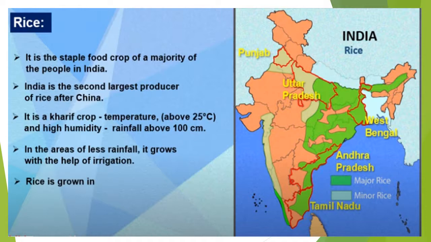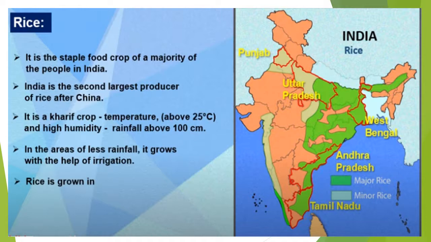It means you should know that rice grows well in the areas which receive a large amount of rainfall. So in areas where they receive less rainfall, the farmers also grow this rice with the help of irrigation. For example, in Punjab, Haryana, Uttar Pradesh and northwestern states like Rajasthan, they cultivate this rice with the help of irrigation.